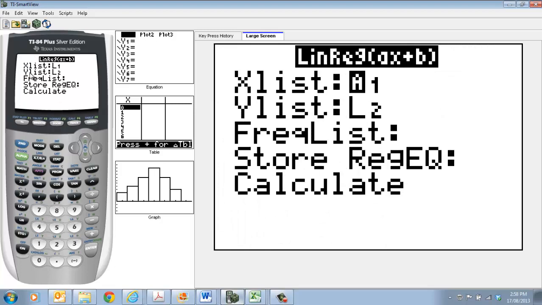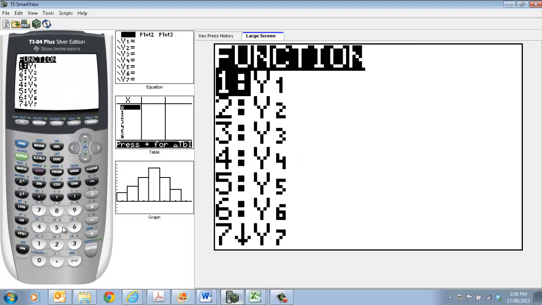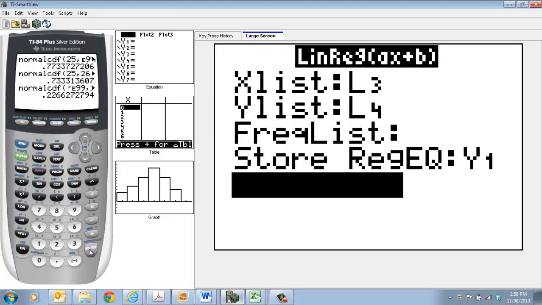Now we need to set our x list, which is list 3, and our other value, which is list 4. Then we're also going to store this. If I press store, I can store this into a function, and we're going to store that into function y1, enter.